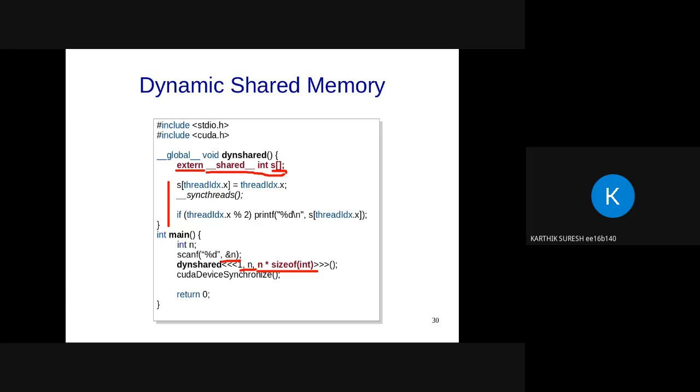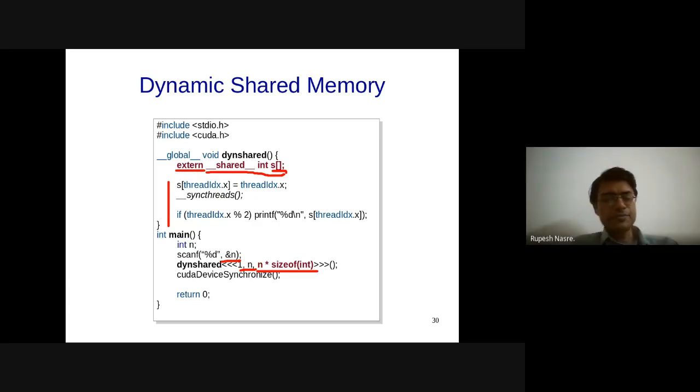Sir, because of sync threads, that order will be fixed, right? Uh, no. I'll tell you why I'm saying so. Odd numbers until n or n minus 1. Okay. Yeah, that depends upon whether n is even or not, correct?